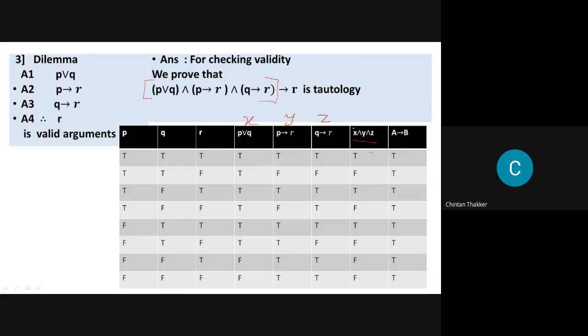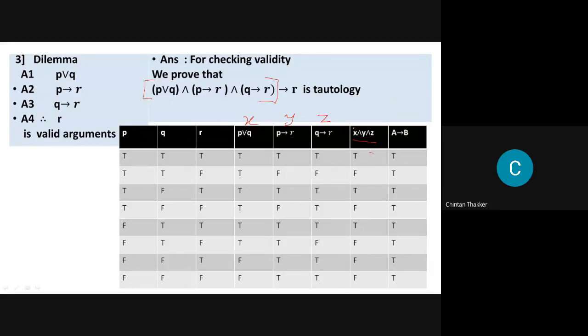So here, in the first row, all three are true, so we have true. In the second row, y and z are false, so we have false. Again, in the third row, all three are true, so we have true. In the fourth row, y is false only; x and z are true, and also we have false.